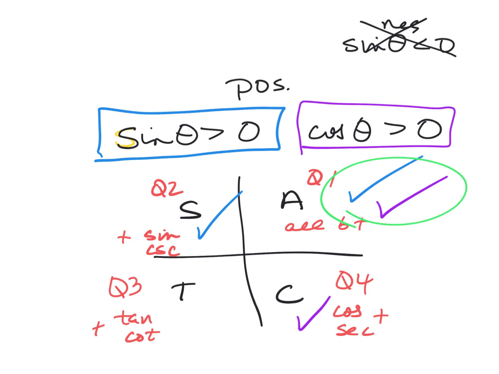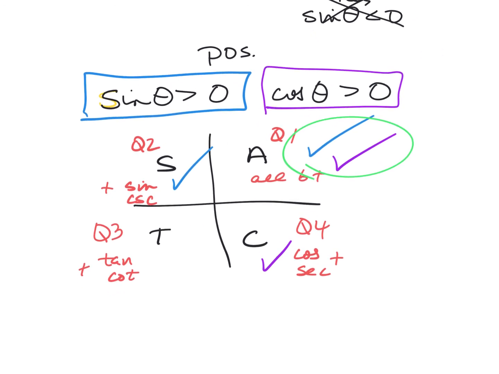So the angle where sine and cosine are both positive is going to be quadrant 1. And that's your answer to your problem. So you're just going to locate the quadrant where the given information is given to you and then put check marks to figure out where it's going to be located. So that's all you're doing on 59 and 57 in the homework tonight.